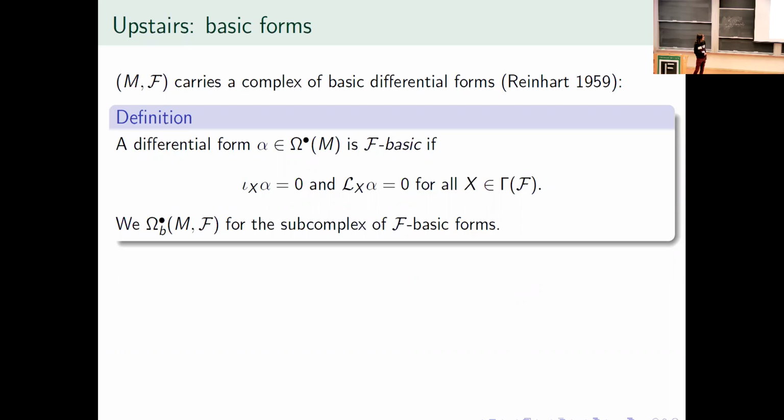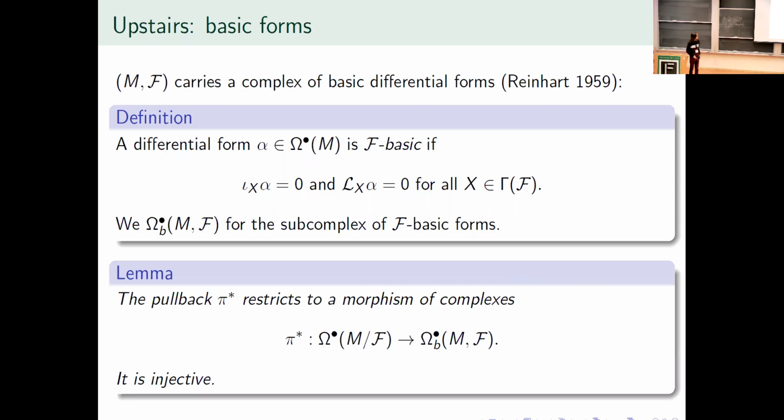And the X we take are those which are tangent to the foliation. If you have a foliation induced by a connected Lie group action, then invariant really just means invariance under the group action. But the horizontal condition just stays the way it is. And the notation, we'll call this Omega_b(M,F).